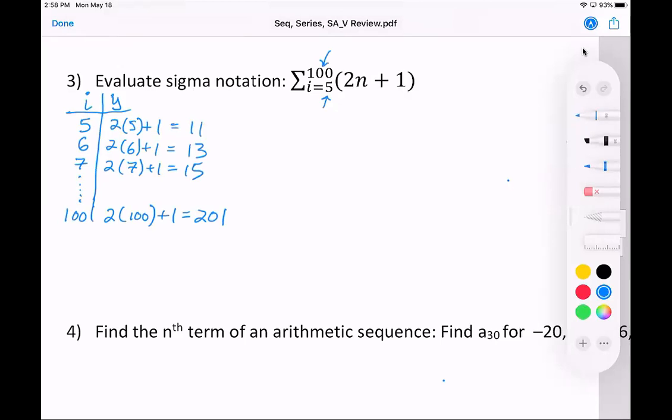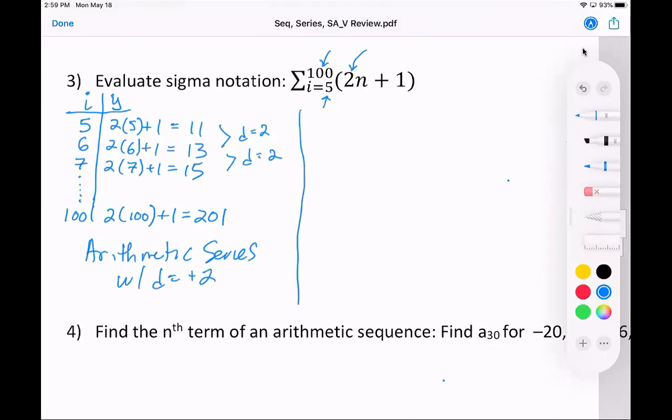Is it arithmetic or is it geometric? Well, it looks like each time you have a common difference of 2. So this would be an arithmetic series with a common difference of adding 2 each time. You can tell that from right here. There's that 2 that turns out to be increasing it by 2 each time.